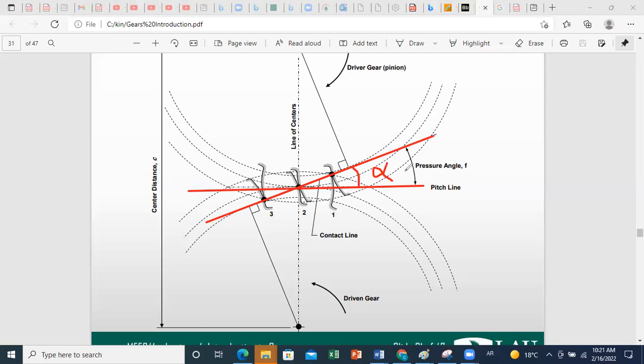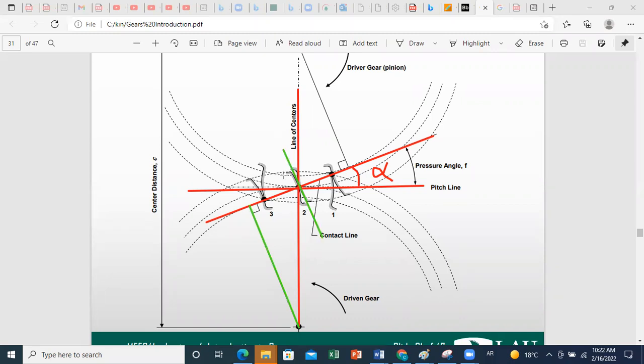We also said that we can define the pressure angle alpha between the line joining centers and the line normal to the tangent line. Here, if you draw from the center of your gear a line that is perpendicular to the tangent line, it is parallel to the line of contact, so it's tangent to the involute.